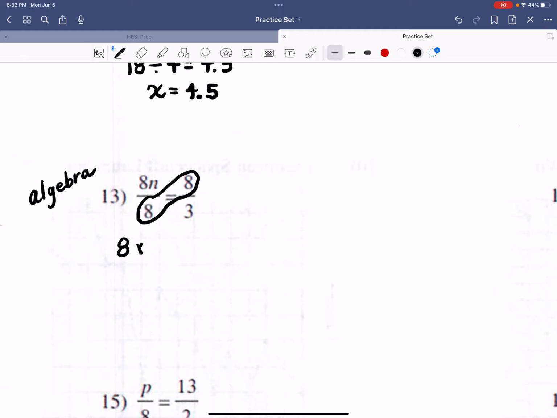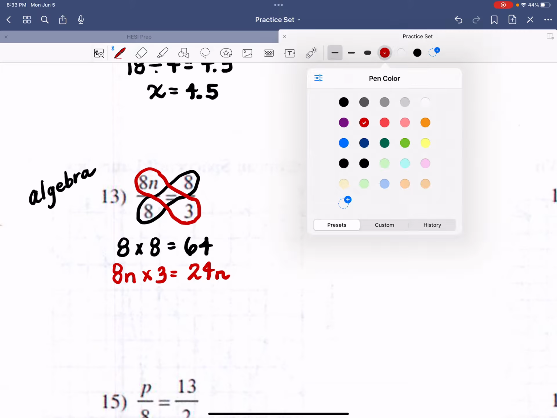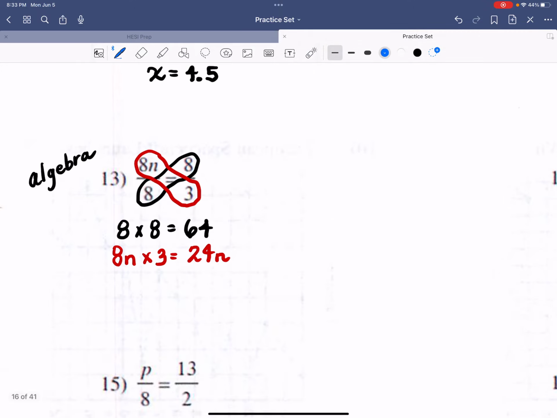8 times 8 is 64. And then if you draw the peanut this way, you're going to get 8n times 3, and that is 24n. And then you would set those two equal. So you would have 24n equals 64.